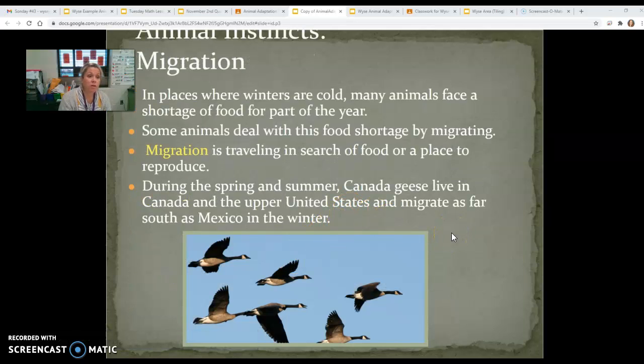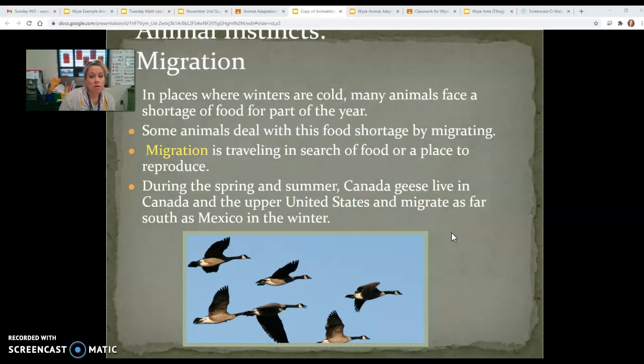We talked about butterflies migrating, and that's an adaptation and instinct that they're born with. But these geese are also born with the instinct. They know that when the winters are cold, there's going to be a shortage of food where they're living currently. So they migrate and travel in search of food or a place to reproduce and have babies.